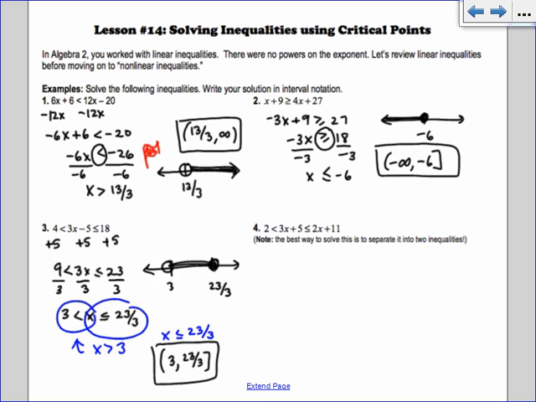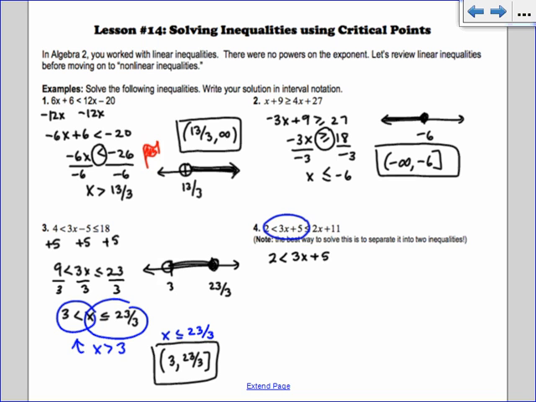Okay. And then number 4 gets kind of tricky because now we don't just have x's in the middle. We actually have x's on the right side of the inequality as well. Does that make sense? Whenever that happens, you actually do have to break it into 2. So the first inequality is going to be 2 is less than 3x plus 5.